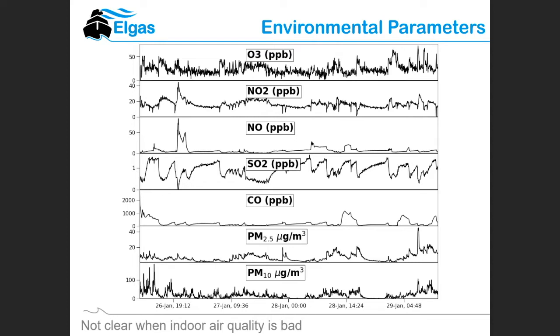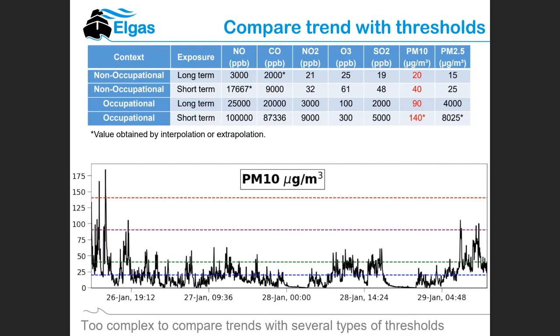What is normally done in these cases is to compare the concentration values with thresholds. Let's say an example like this. This is the PM10. We have different thresholds. There exist different thresholds for non-occupational or occupational, and depending on how close the concentration is to these thresholds, you can say how in danger or how harmful the environment is for your health.